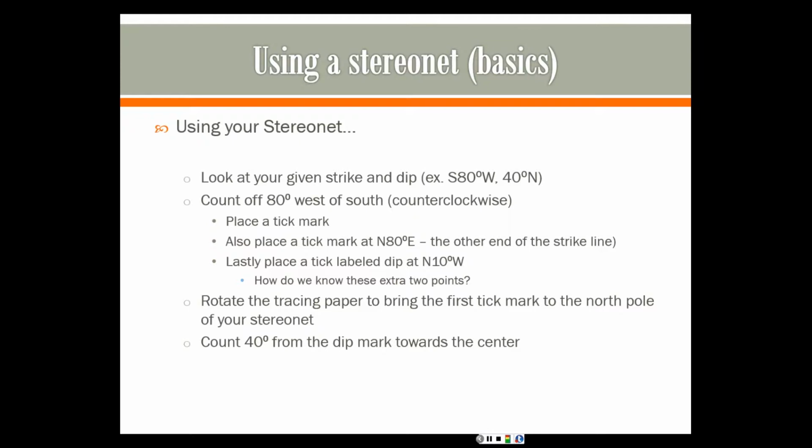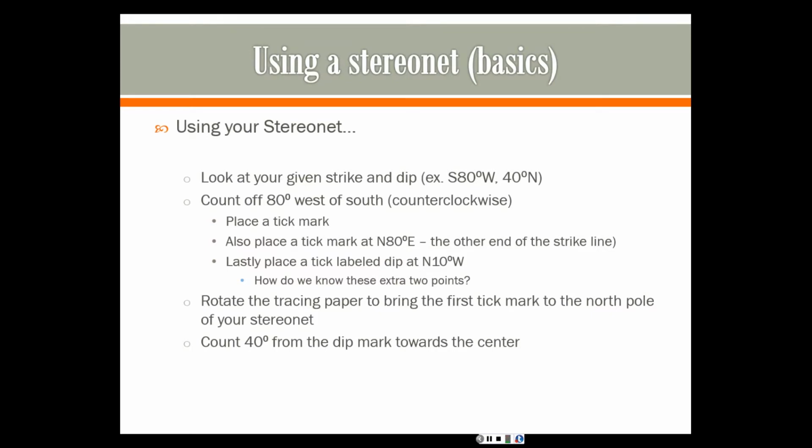Now, you want to rotate your tracing paper on your stereo net until that first tick mark is at either the south or the north pole. Doesn't matter which one. They'll both work. That'll put your dip direction mark on exactly either the east or west end of the equator, and your other tick mark at exactly the other south or north pole.